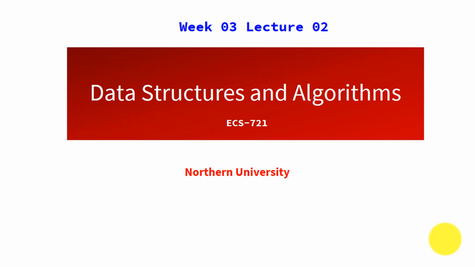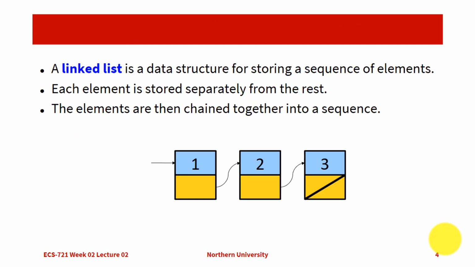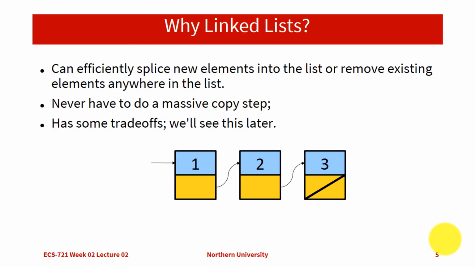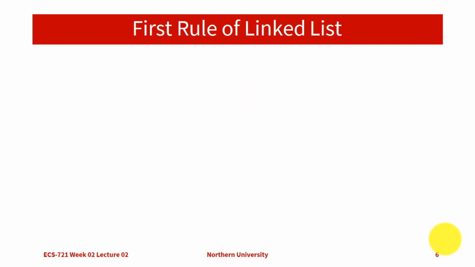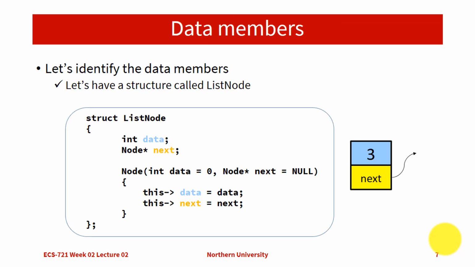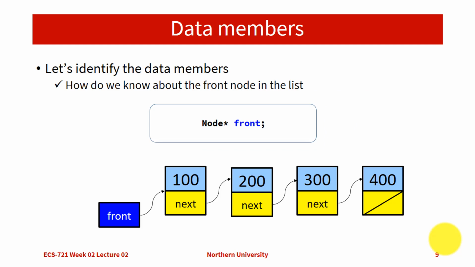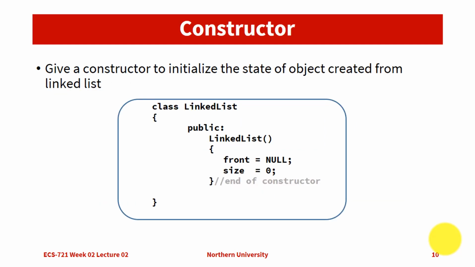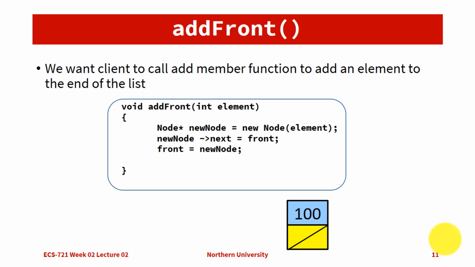In the previous demo, if you remember, we talked about linked lists, why we need a linked list, and the rule of thumb: always draw a picture before you code the linked list in any programming language. Then we talked about different data members of our linked list class. We provided a constructor.